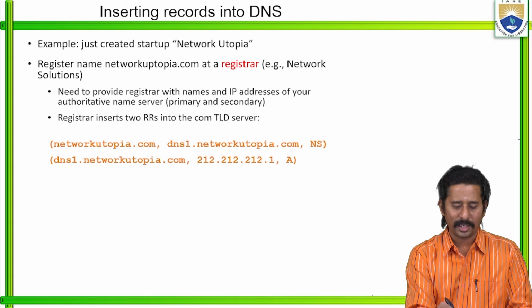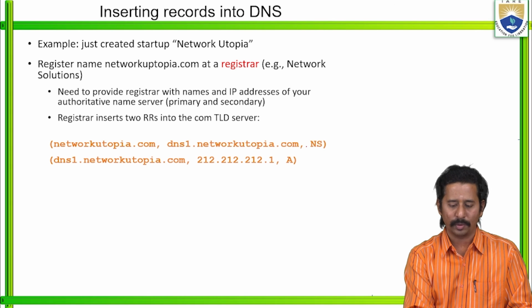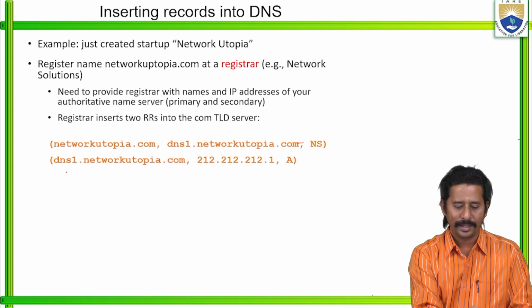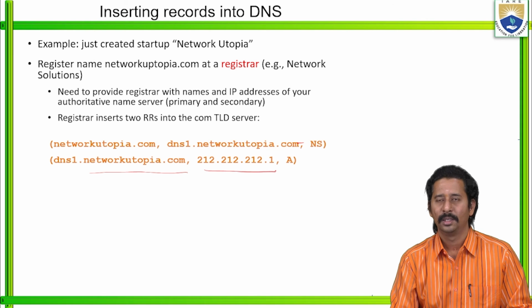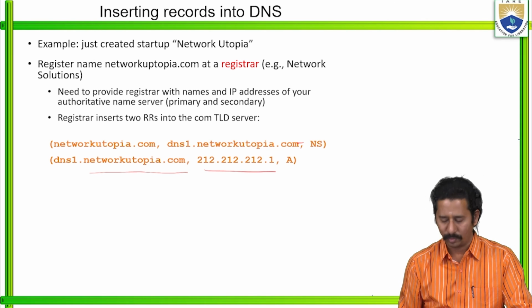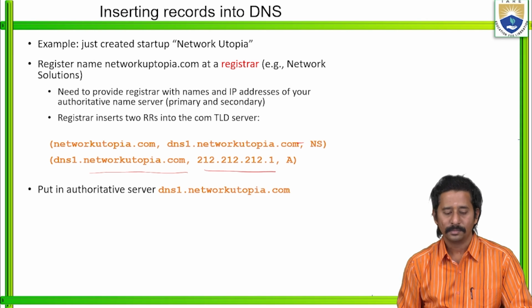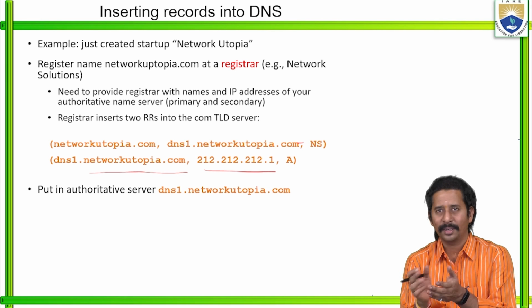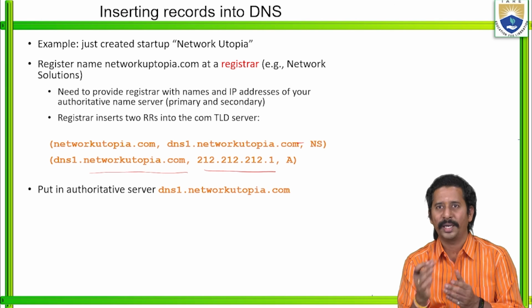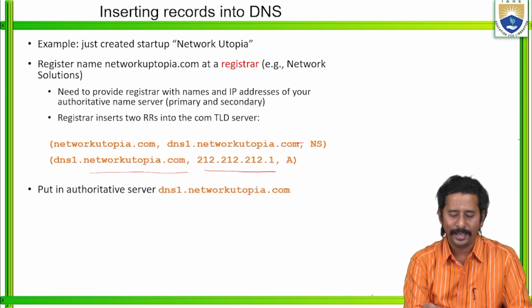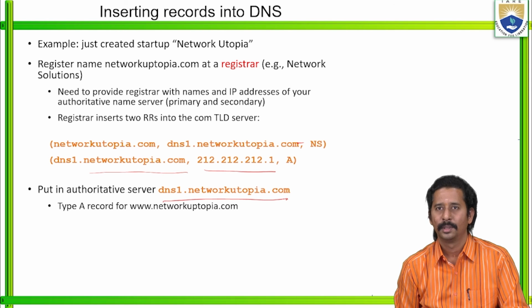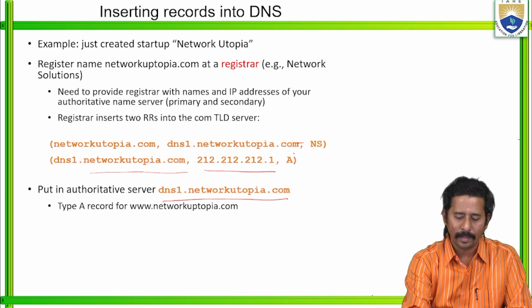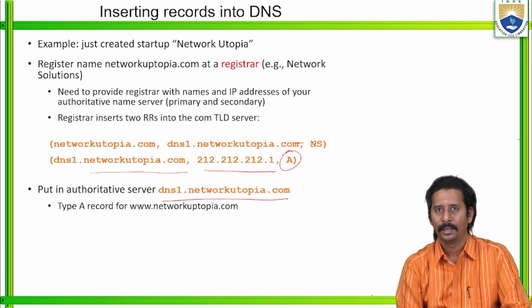See networkutopia.com, dns1.networkutopia.com, and this is the IP address, 212.212.212.1, which is put into that particular authoritative server, that is dns1.networkutopia.com. Then here the A represents the type.